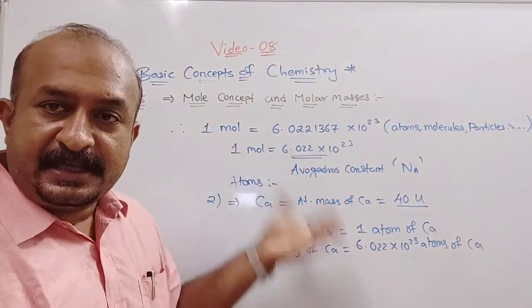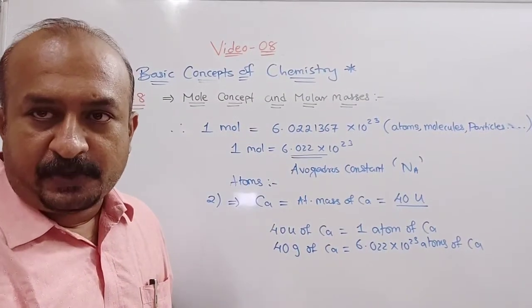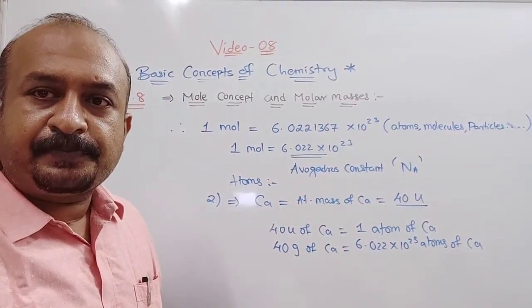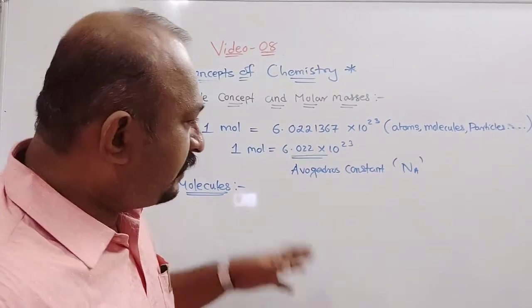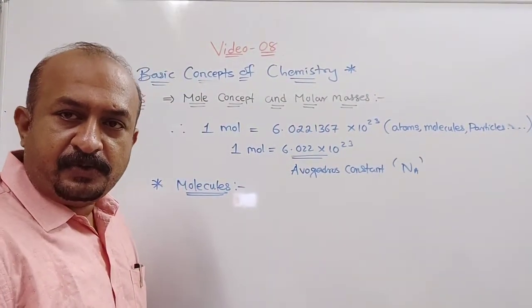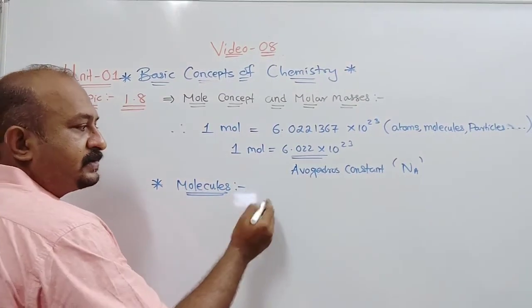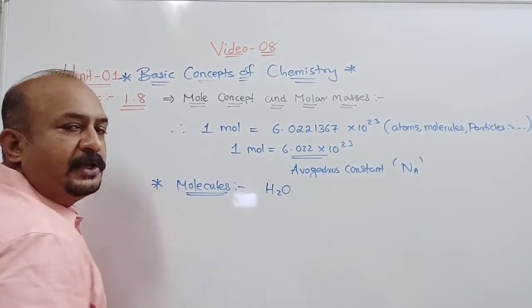Now the next example I am going to give is about molecules. Okay, so the next part, see. Now we are going to take an example of a molecule. In molecules I will take the example of water. Water molecule I will take.